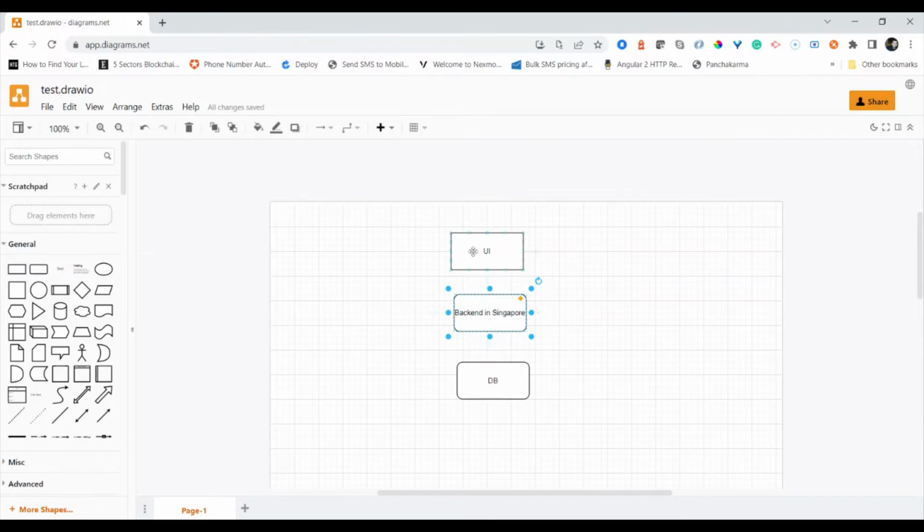In that case, we may expect that our servers may go down. To withstand that, what can we do? There can be multiple strategies we need to implement so that our critical business services or applications do not go down. Now let's say I have only one backend service here.